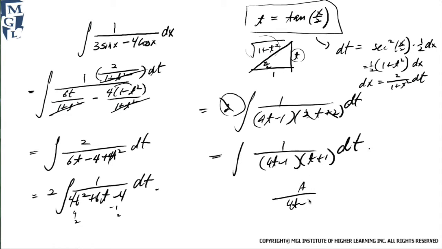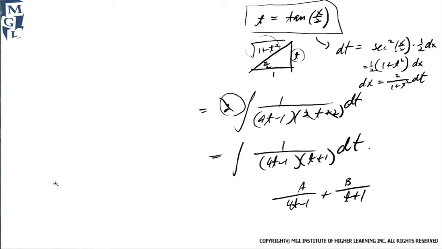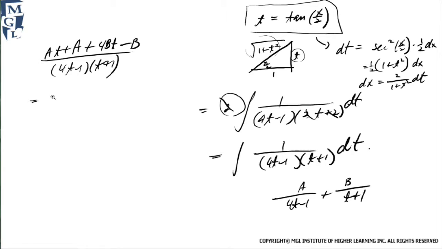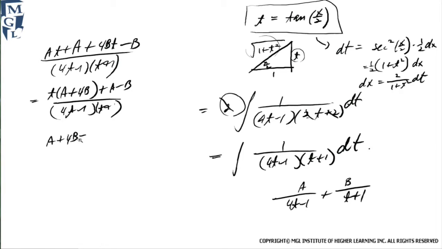So A, B, let me expand up here: At plus A plus 4Bt minus B. So factor out t, you get A plus 4B t plus A minus B. So A plus 4B will have to equal 0, and A minus B will have to equal 1.